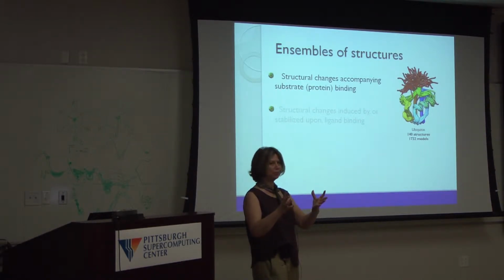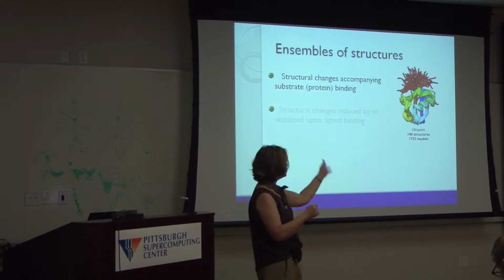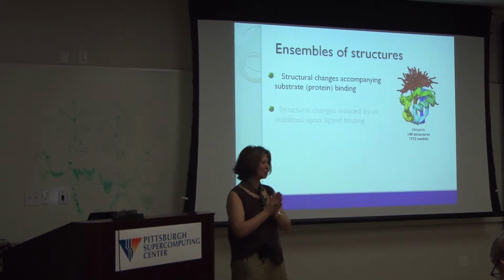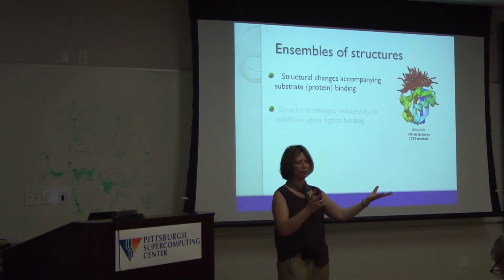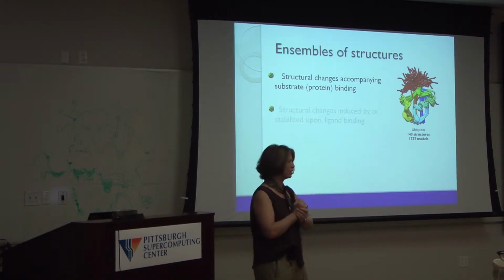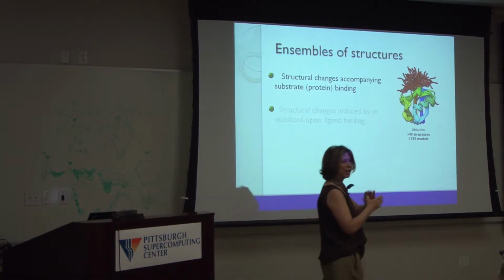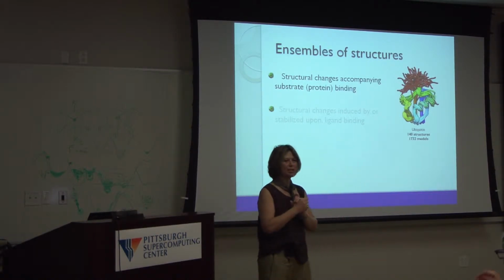This is the same protein, let's say p38 kinase, or ubiquitin, which Klaus described. And now you have a multitude of conformations that are accessible to it, depending on the protein it binds, on its substrate.